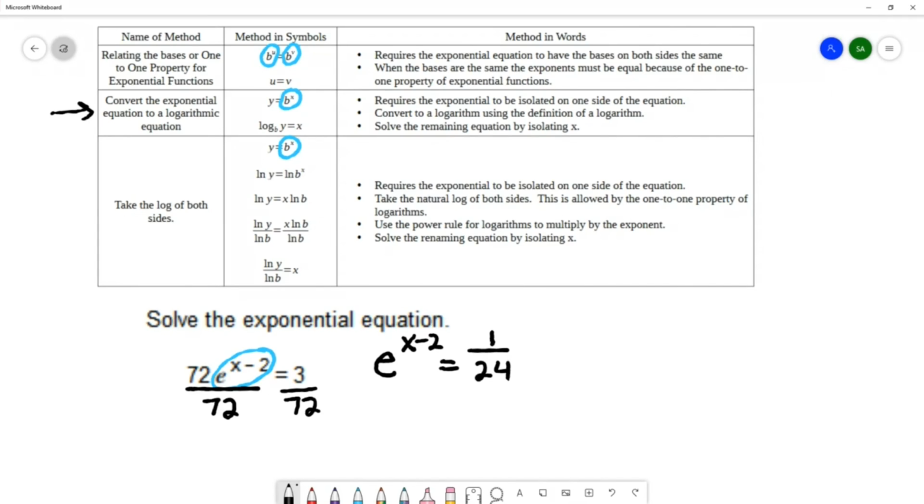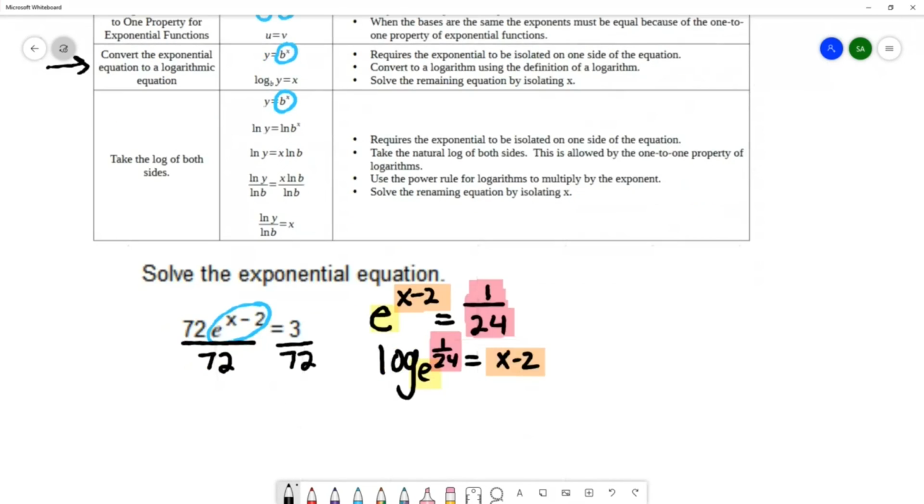Once we get to this point, let's talk about how you would do this problem with the method of converting. If you were going to convert this to a log, you would use a base of e. You would use x minus 2 as what the log equals. X minus 2 is the exponent, and 1 over 24 goes inside of the log.